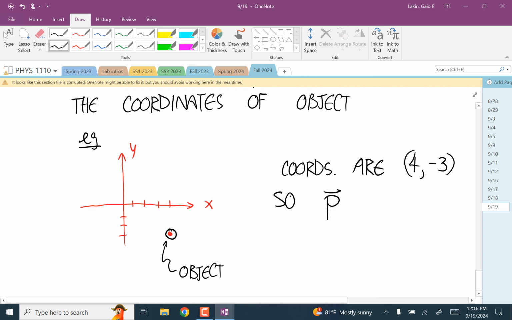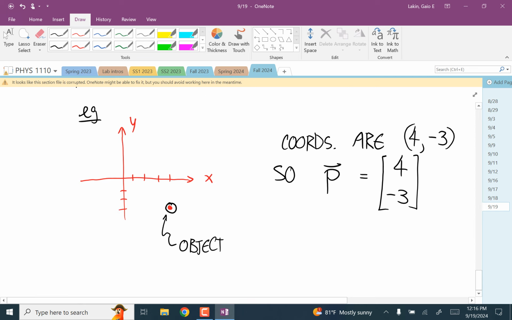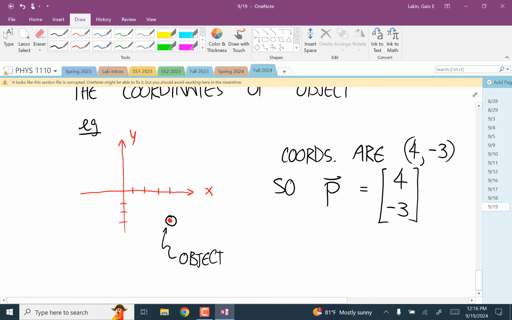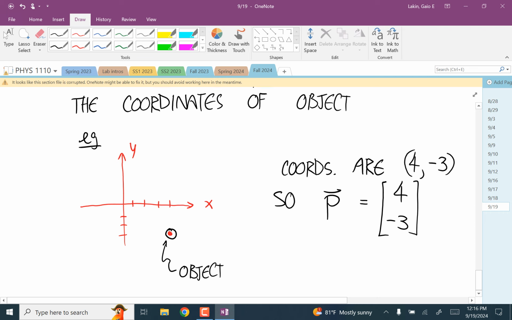So the position vector is 4, -3, just written with that different notation for vector components. Anybody have any questions about that?